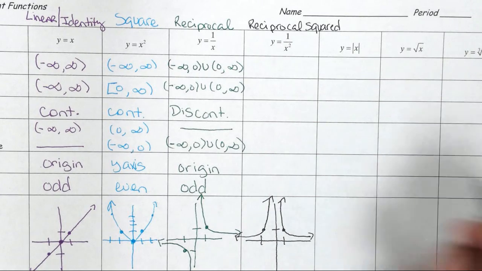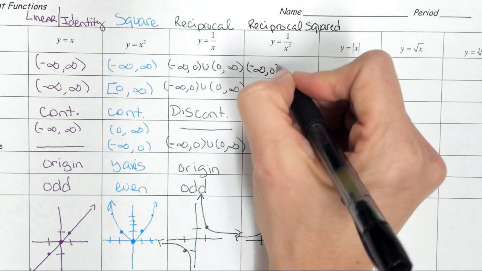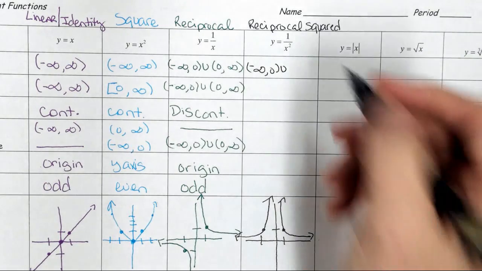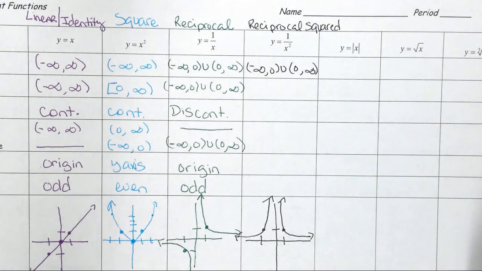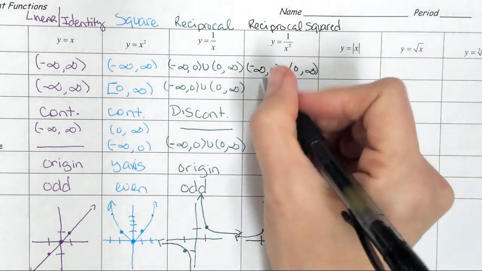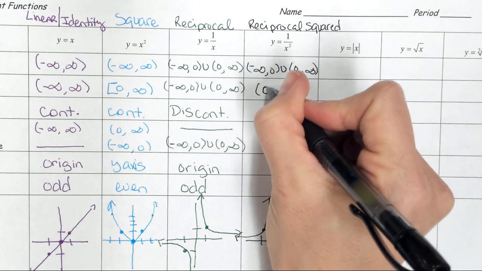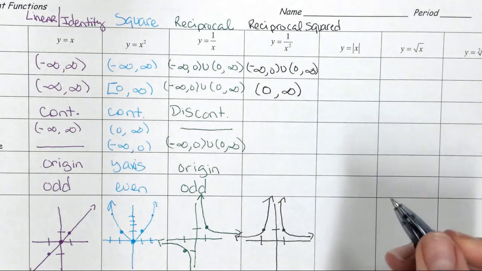Okay, so our domain, again, it's going to go from negative infinity to 0, union, because we're not including the 0, and from 0 to positive infinity. Now my range doesn't include anything down here, so my range is going to go from 0, but not including 0, to positive infinity.